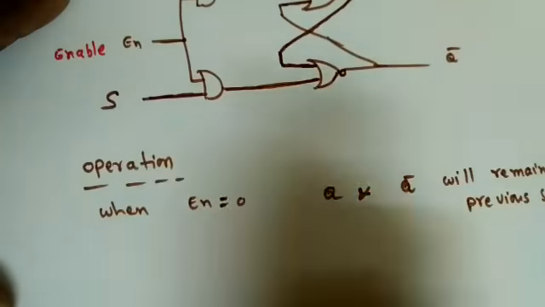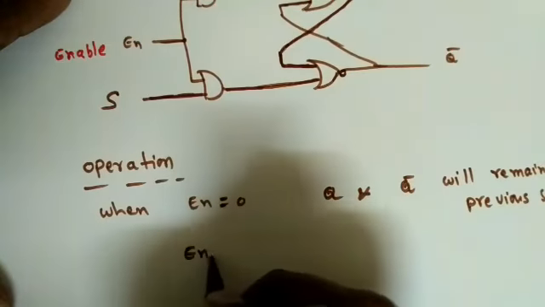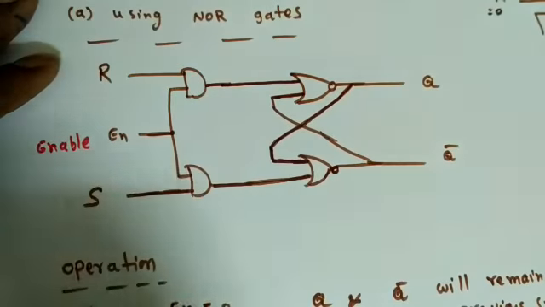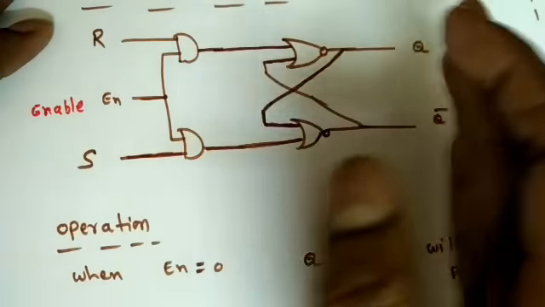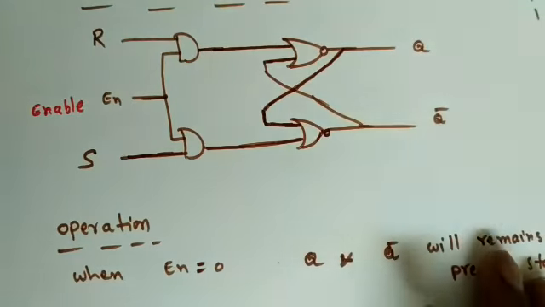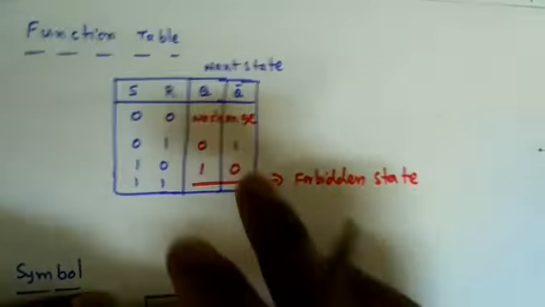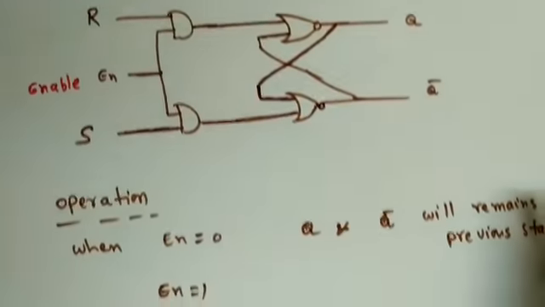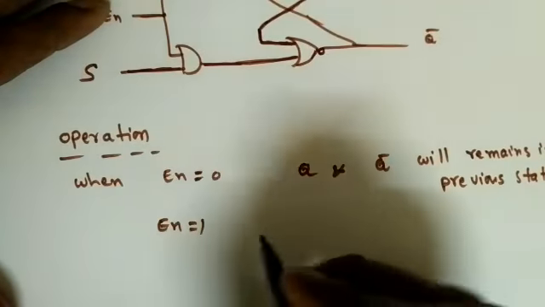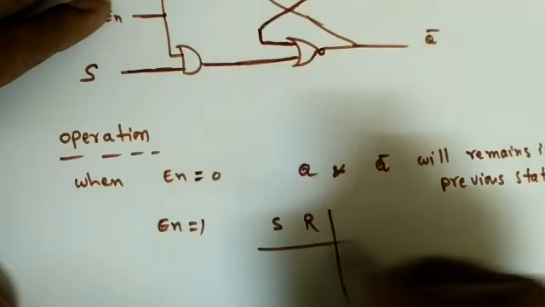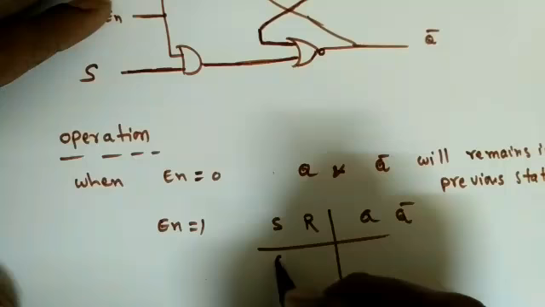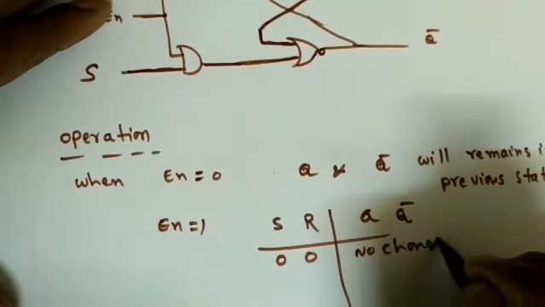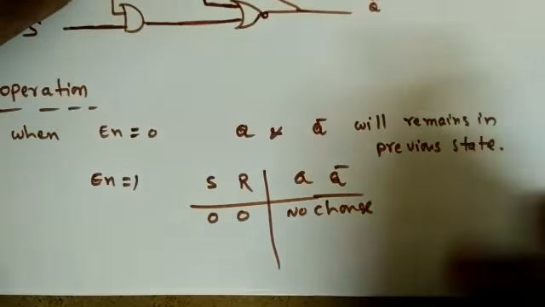Next, when the enable pin is equal to 1, now what will you get here? R and here S. So whatever the performance, it will be the same as this truth table or function table. Whenever the enable pin is equal to 1, it will follow the same operation. For 0 0, you will get no change, or it will remain in the previous state.